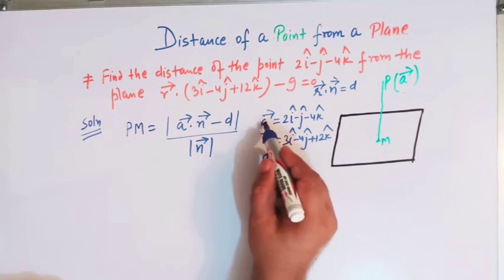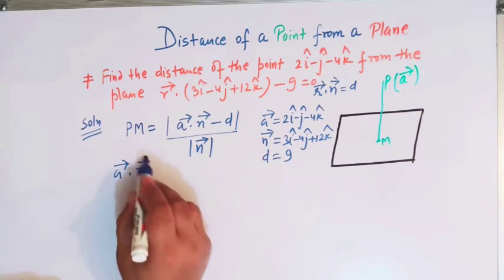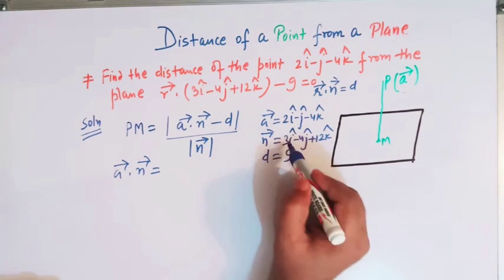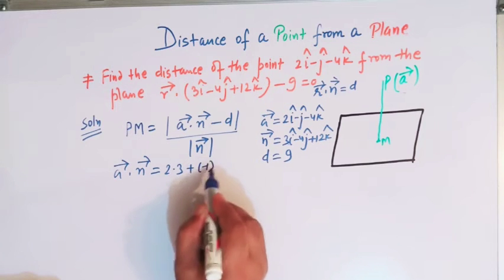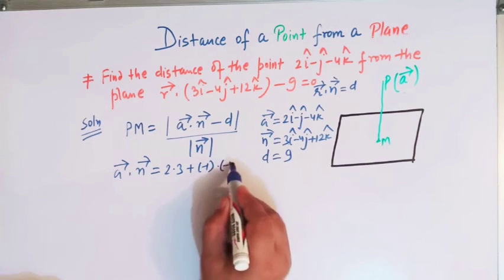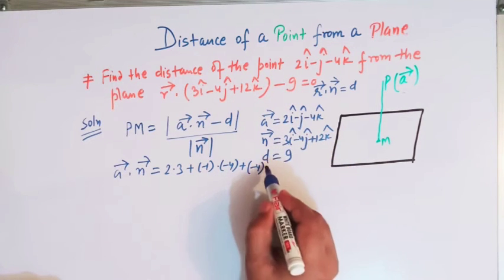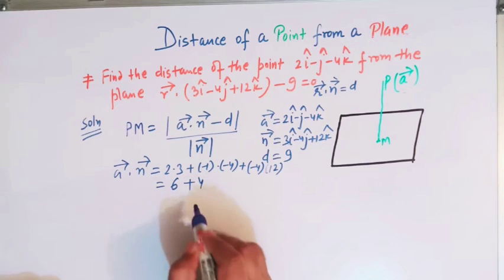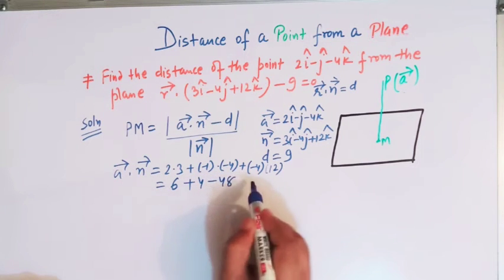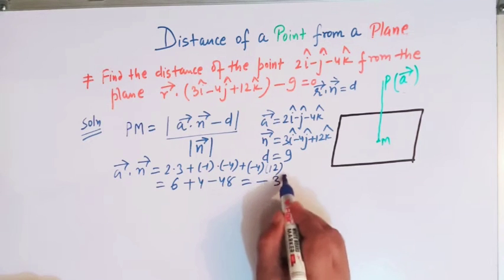Okay, so what is vector a dot vector n? Here we have 2 times 3 is 6, then we have minus 1 times minus 4, and then minus 4 times 12, right? So this is 6 plus 4 minus 48, so this is minus 38.